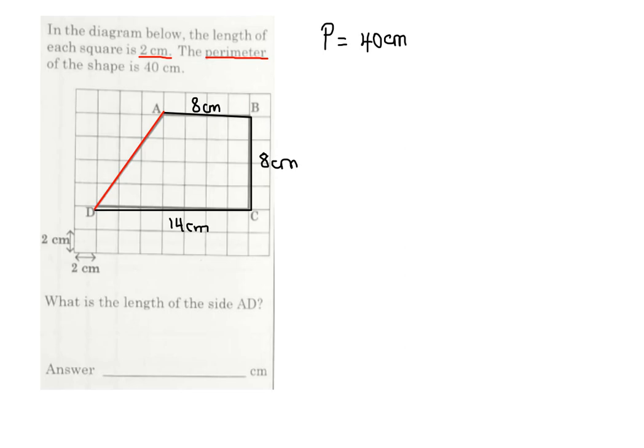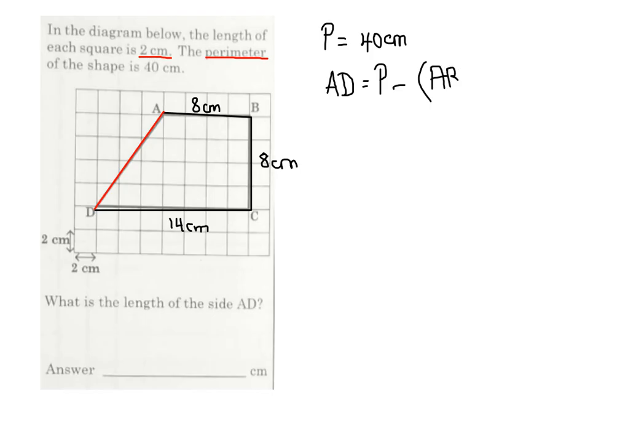Alright. So to get the length AD, this is what you're doing. You're going to take the perimeter. And what do you think you will do with the 30? Okay, how about this? We take the perimeter, which is 40, and we take away the sum of the other 3 sides. Right?